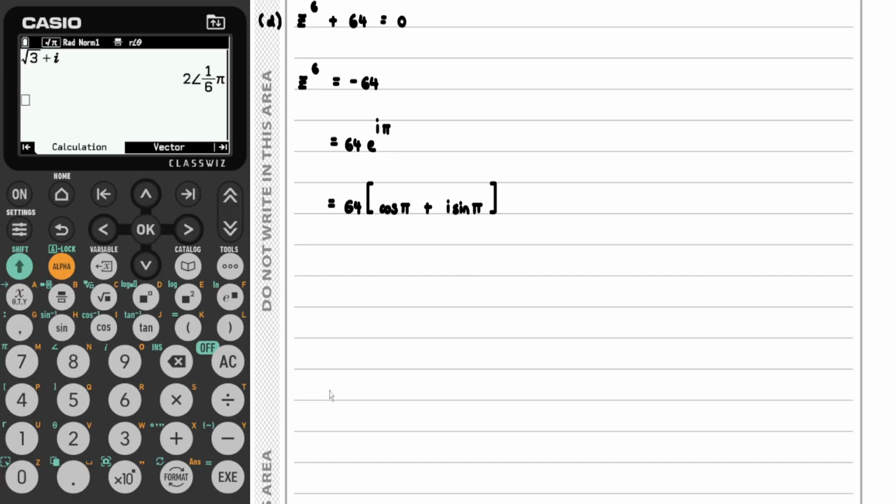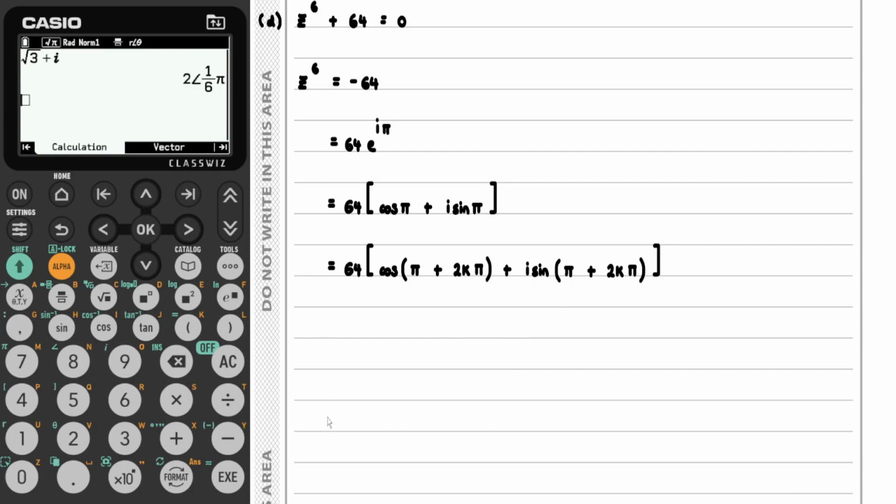Now we know that sine and cos are periodic. They repeat in multiples of 2 pi. So we can rewrite this as 64 times cos of pi plus 2k pi plus i sine of pi plus 2k pi.